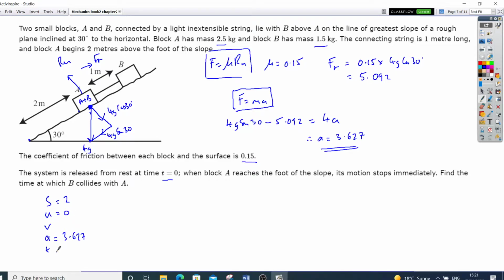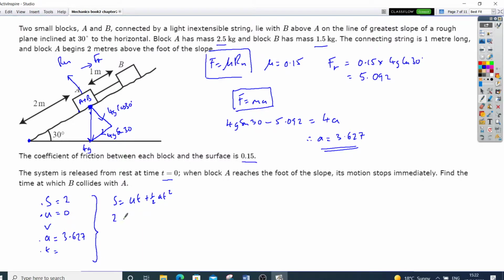And what do I need to find? I want to find the time it will take for this block A to hit the floor. So I want that, and that. No v. Okay, so we can use the equation s equals ut plus half at squared.